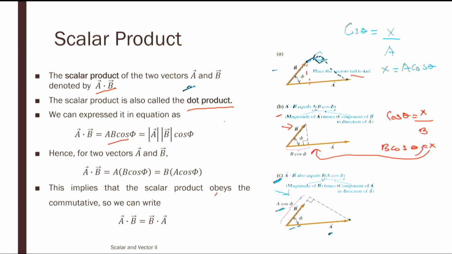These are the moduli of A and B. A dot B is the same thing as B dot A, and this is what we call commutative. We take this formula as the dot product, which is very important that we should know, and we should understand that the dot product of vectors is commutative. A dot B is the same as B dot A.